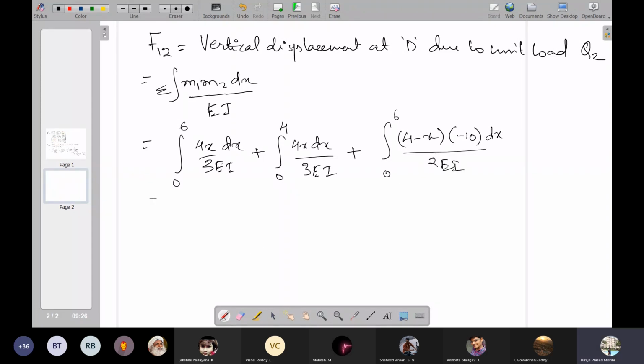So if you integrate this one, you will get the value as 336.67 divided by EI.